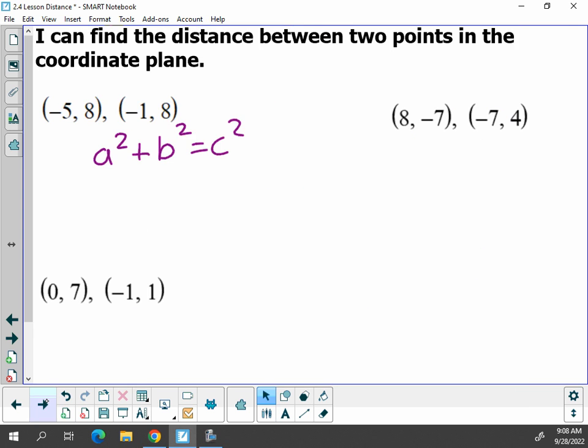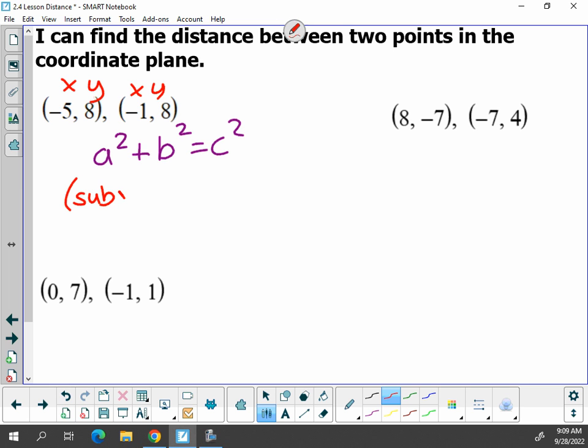Each of these coordinates has an x and a y, if you remember from when we were doing slope or midpoint. And so to find that value for a, what I really did was I subtracted the x's. And to find the value for b, I subtracted the y's. And so you could just subtract them. It doesn't matter which order you subtract them in.